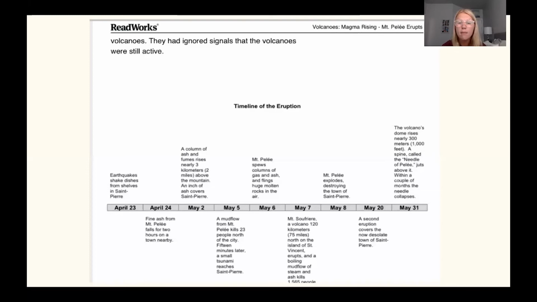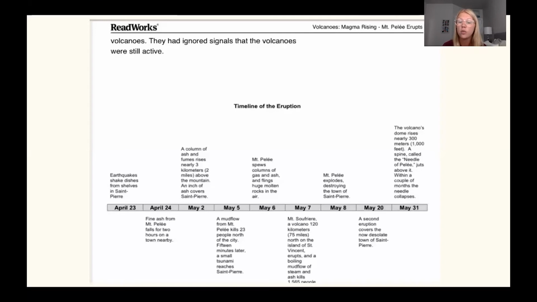On May 7th, Mount Soufrière, a volcano 120 kilometers or 75 miles north of the island of St. Vincent, erupts, and a boiling mud flow of steam and ash kills 1,565 people.